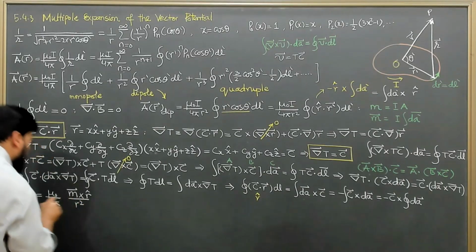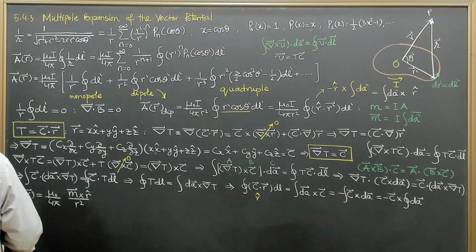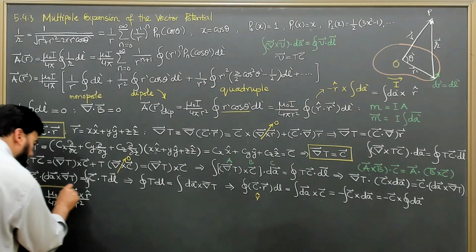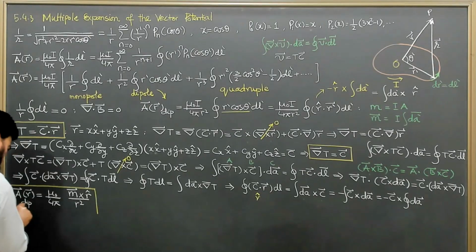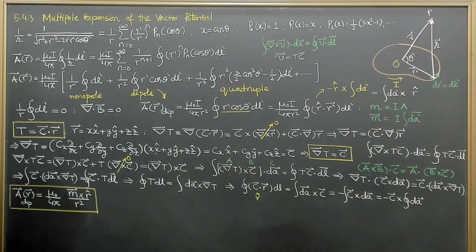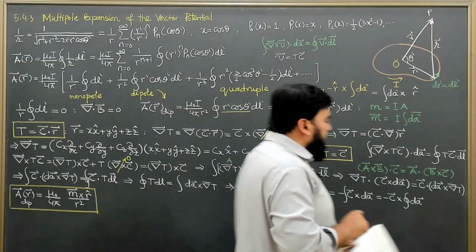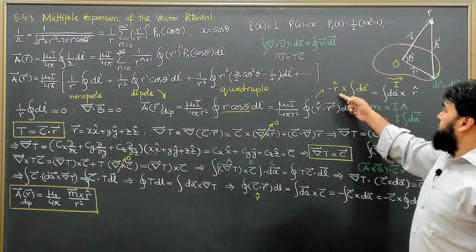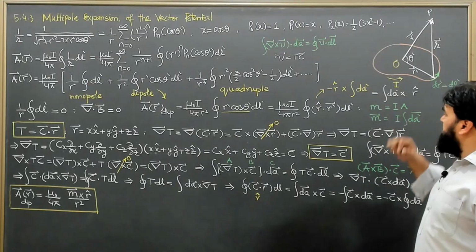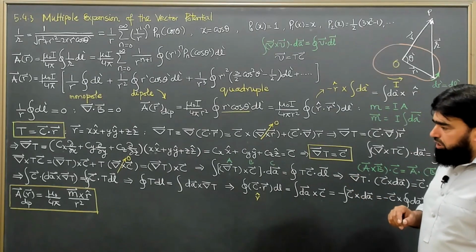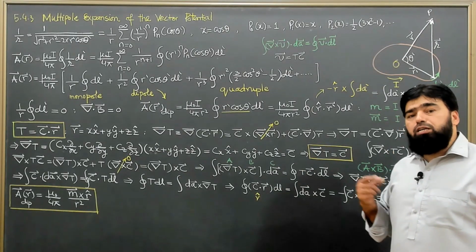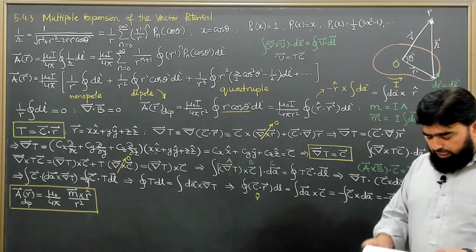So this is the dipole term, and we have written this term in the form of a magnetic dipole moment. As I told you in the beginning, the purpose of converting this was to introduce the dipole moment m in this expression, so that we have the potential for the dipole in terms of the magnetic dipole moment.